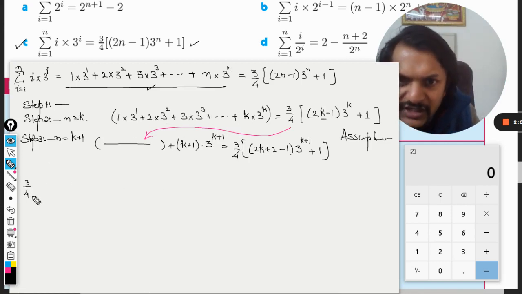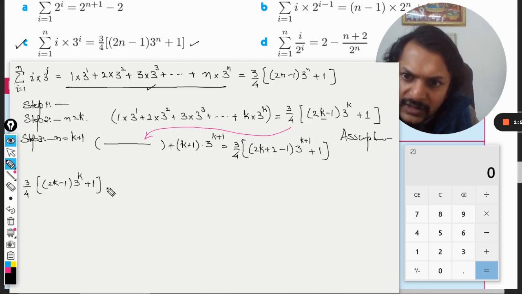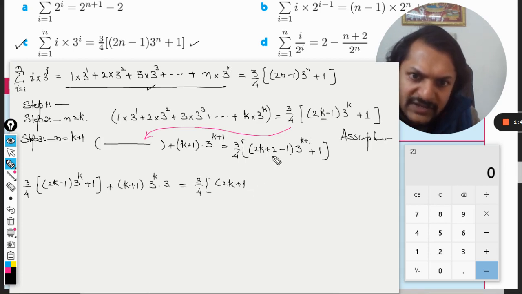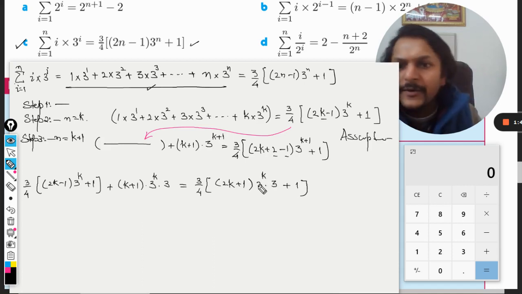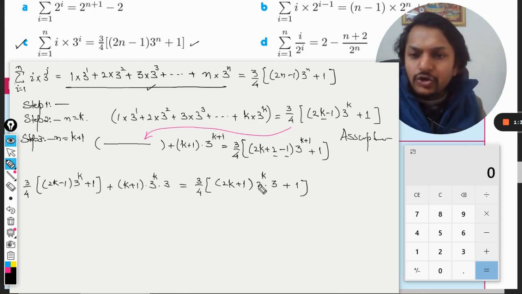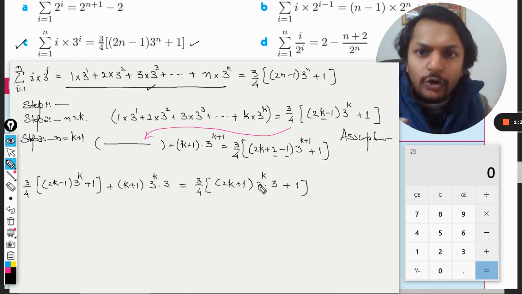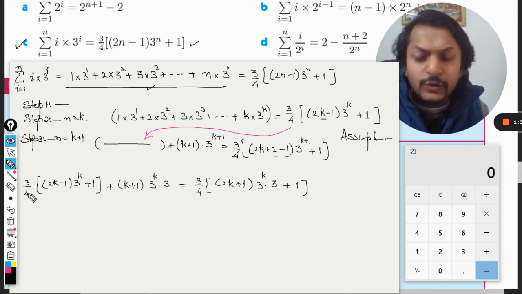So it will be 3 by 4 into (2k minus 1) 3 raised to power k plus 1, plus (k plus 1) into, I'm writing it like this, 3 by 4 into (2k plus 1). Now 2 minus 1 is plus 1, into 3 raised to power k multiplied by 3, plus 1. The first step that I'm going to do is multiply the whole equation by 4 by 3 so that this 4 by 3 and this 4 by 3 get cancelled.